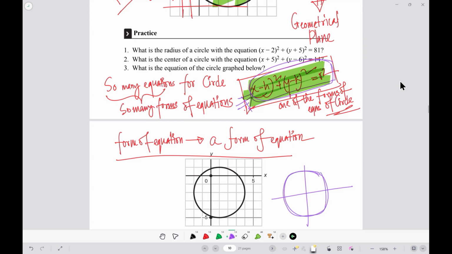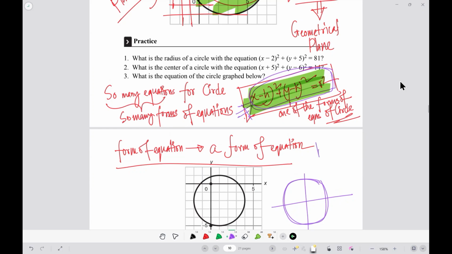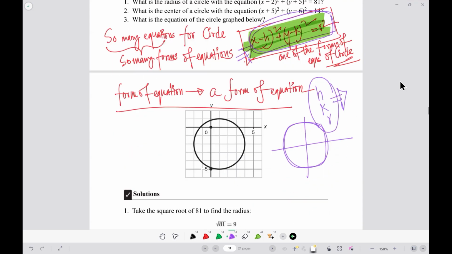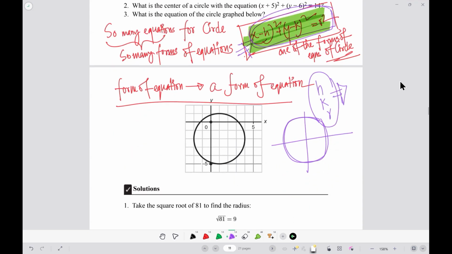And you must remember that h, k, and r are definitely constant values, which means that they have numerical values. h, k, r are numbers, constant for a given equation.